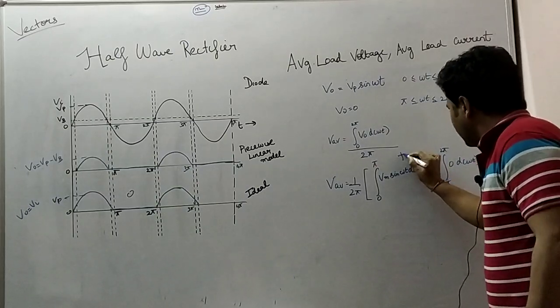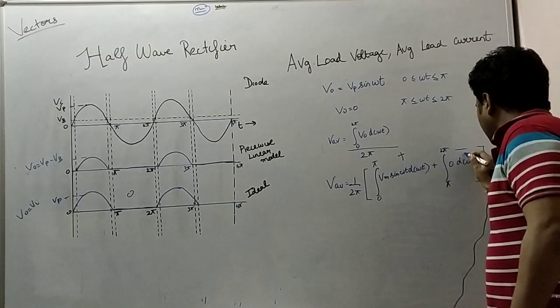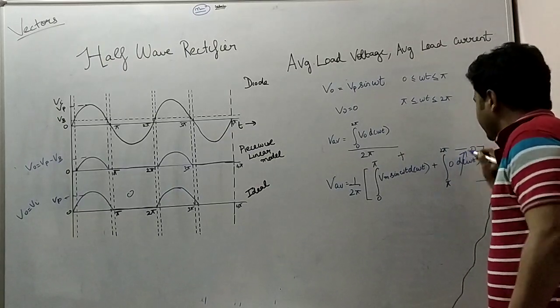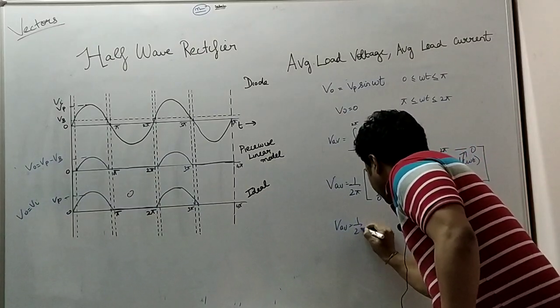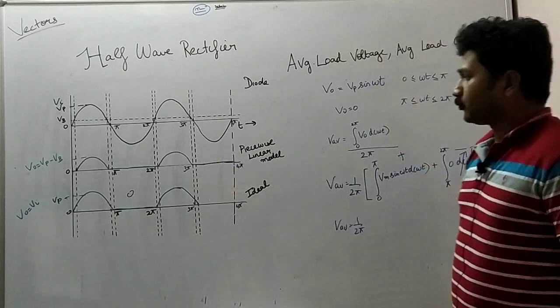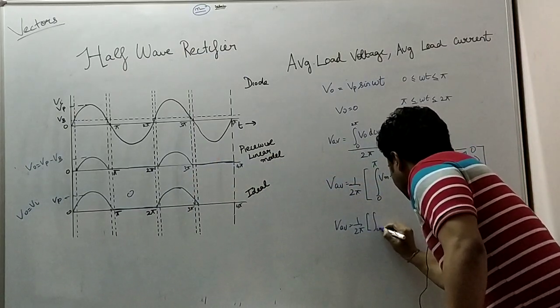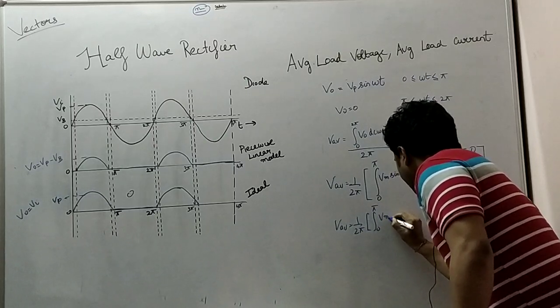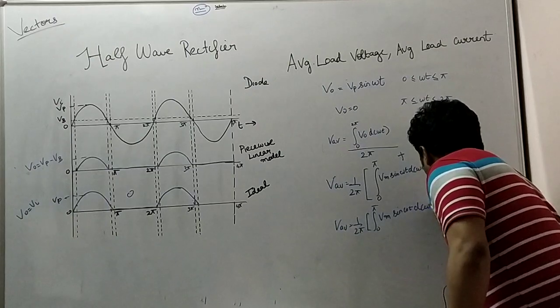This is for positive half cycle, this is for negative half cycle. For negative half cycle, this term will go 0. We have to consider only the part of the positive half cycle where we get the rectified output waveform. So 0 to pi Vm sin omega t d of omega t.